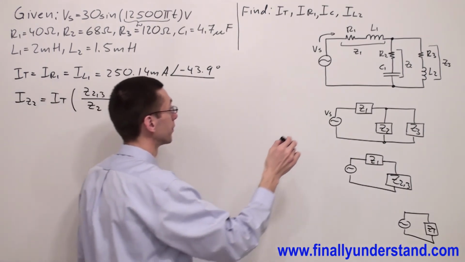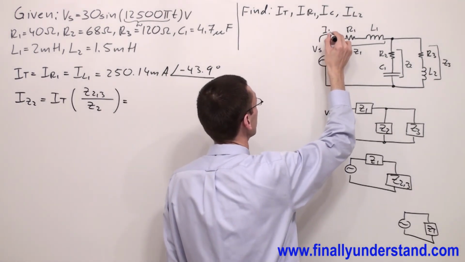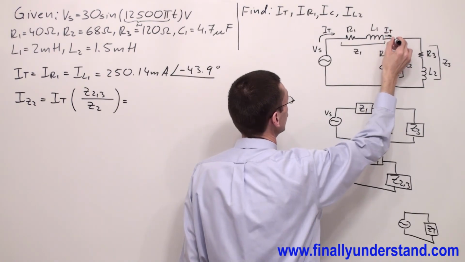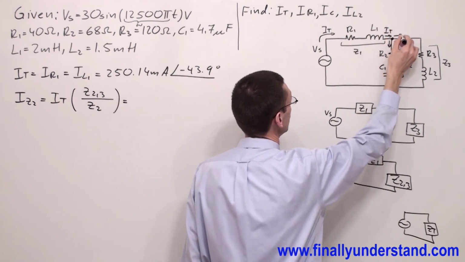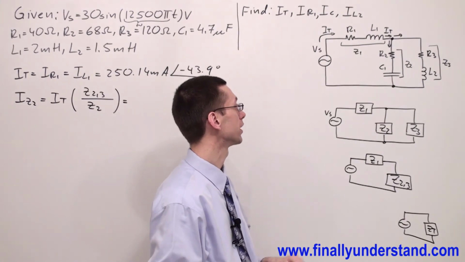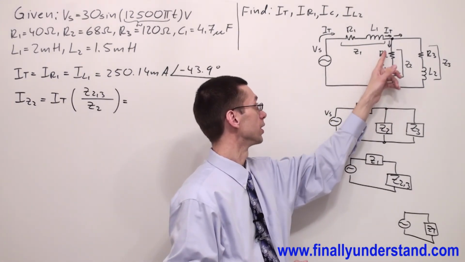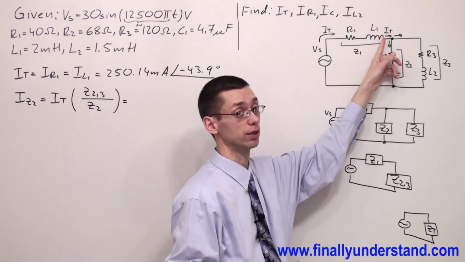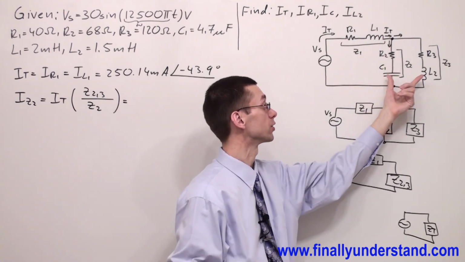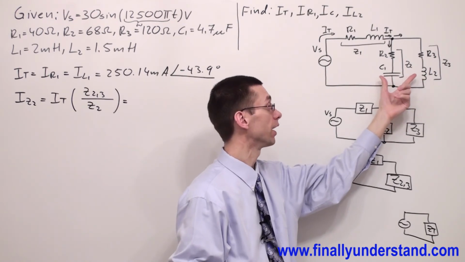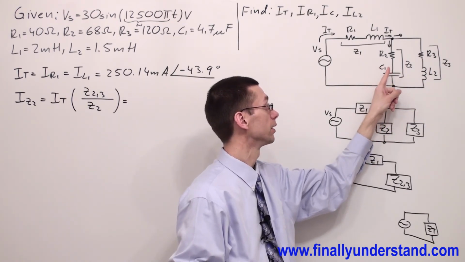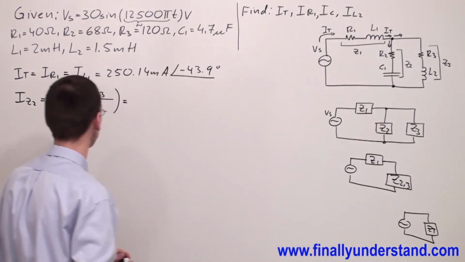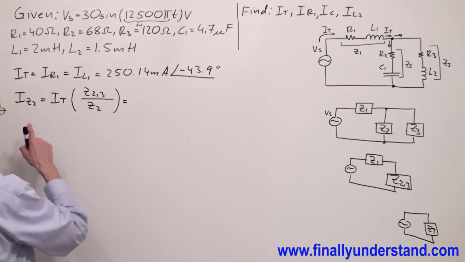Please keep in mind, we have total current, and this total current is going to split into two currents. In order to find the current which goes through the impedance Z2, I'm supposed to multiply I total by the impedance Z23 and divide by Z2. And from that calculation, I'm going to get the current IZ2.